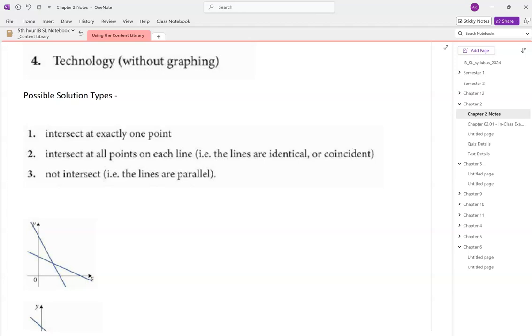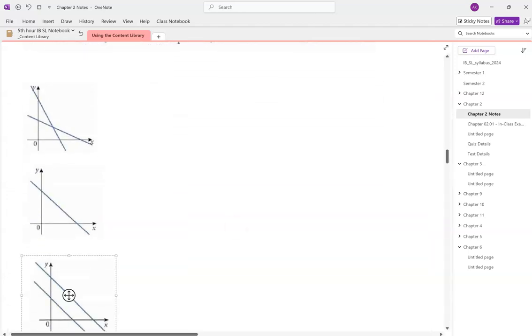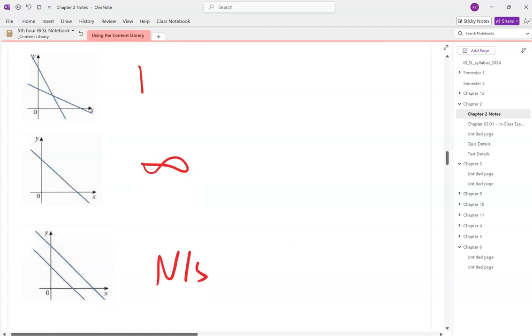Or the 2 lines can be parallel. There can be no solution where the lines never intersect. And I just drew in a picture here of one solution, infinitely many, and then no solutions. I'm sure that you pictured this in your head quite easily, but I wrote them down anyway.